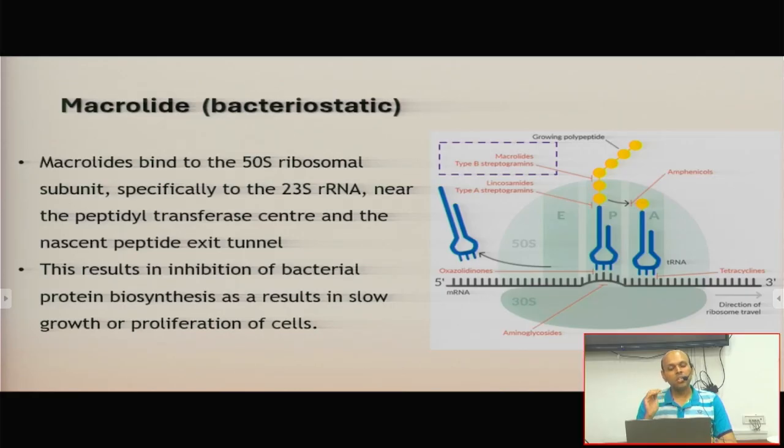S is known as the Svedberg unit. If people already know what that is, it is the rate of sedimentation of ribosomes when you are putting them in the centrifuge and sedimenting them. That is how the thing is derived. So don't be too confused.